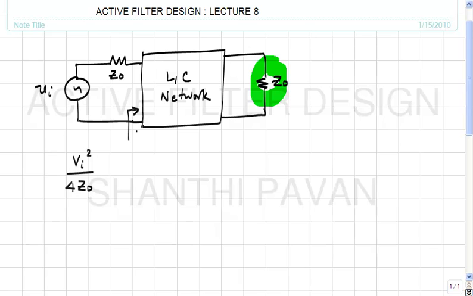So, we said that the looking in impedance Zin of S is something which changes with frequency thanks to the LC network, and at frequencies where Zin of S is close to Z0 in some sense, the power dissipated in the load resistor Z0 is maximum or close to the maximum possible, and at other frequencies the power dissipated is smaller than the maximum possible.